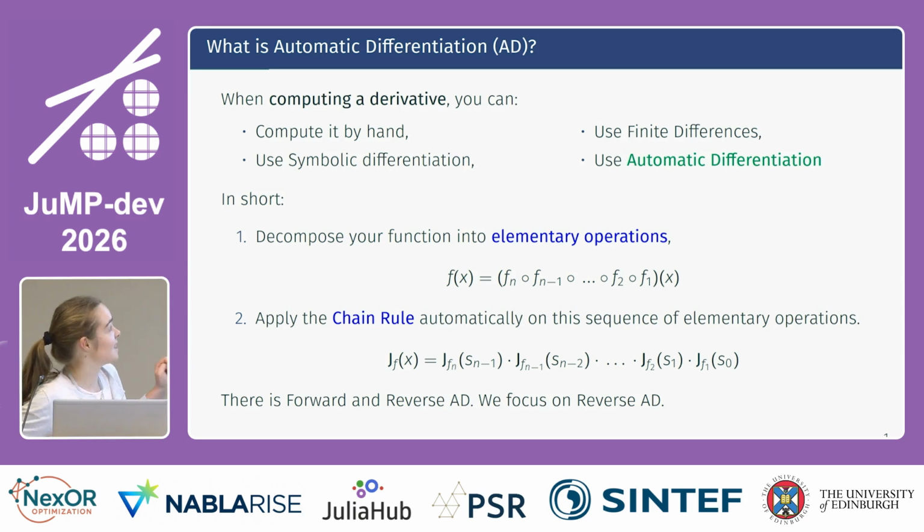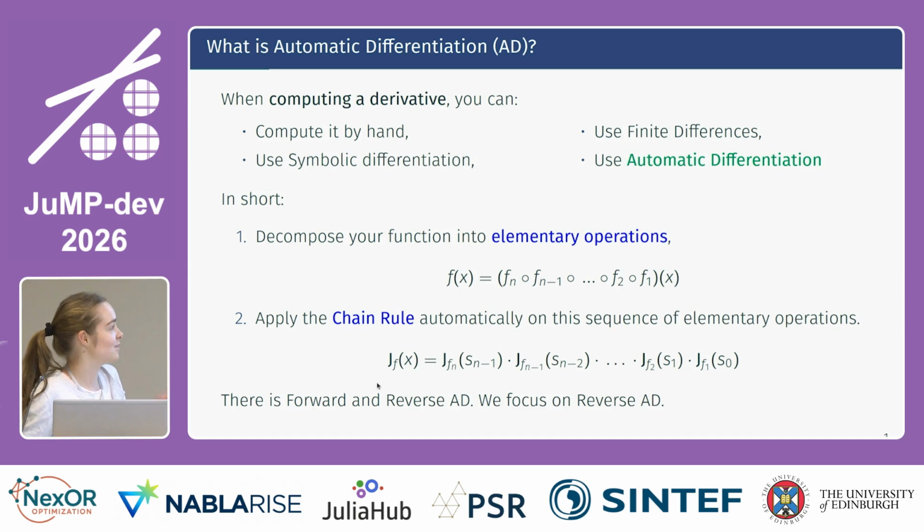In short, what it does is that it decomposes your function first into elementary operations. So if you have your function f, it decomposes it into f1, f2, and so on until fn. And then it applies the chain rule automatically on this sequence of elementary operations.